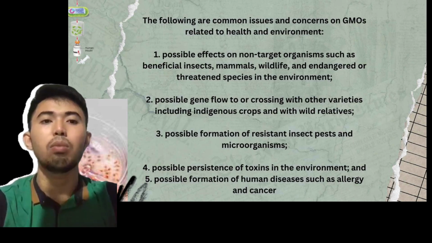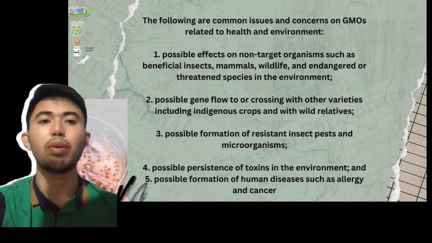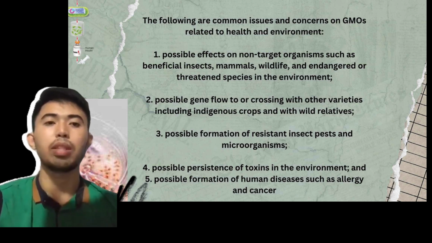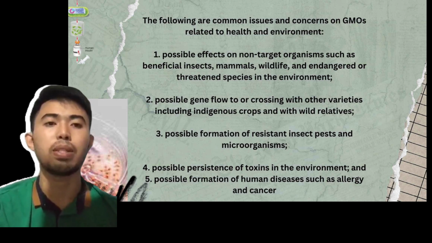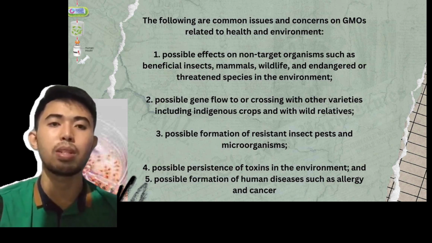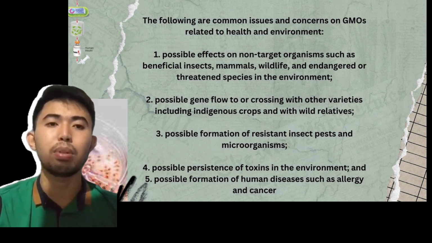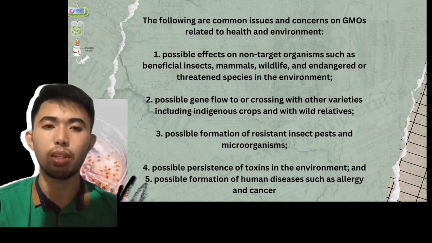The following are common issues and concerns of GMOs related to health and the environment. Number 1, possible effects on non-target organisms such as beneficial insects, mammals, and wildlife, and the growth of threatened species in the environment. Number 2, possible gene flow or crossing with other varieties, including indigenous crops and wild relatives.